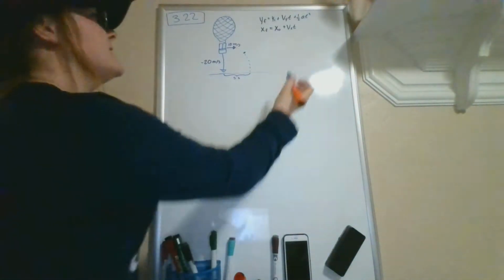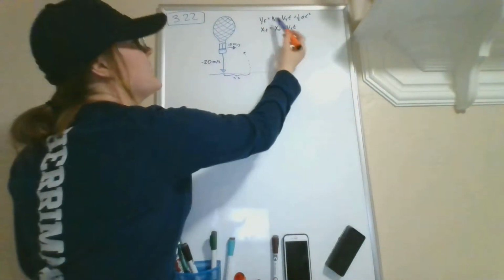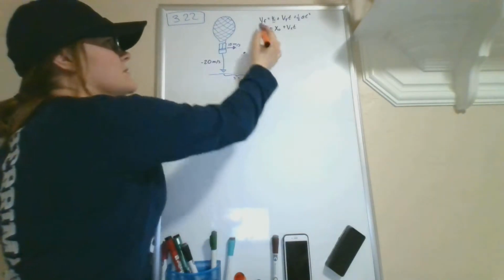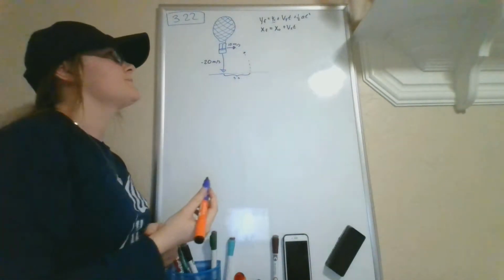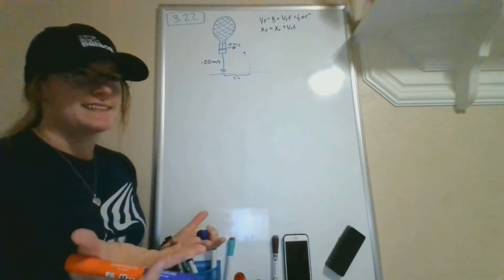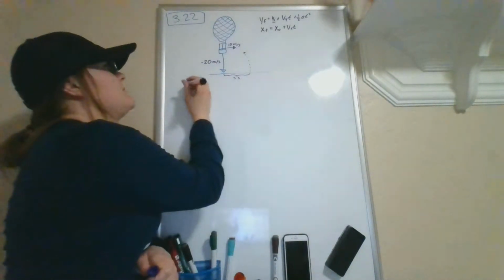So what we're trying to find here, I wrote our equations already, is this initial y. Our final y is when the basket is going to be on the ground, so that's going to be 0.